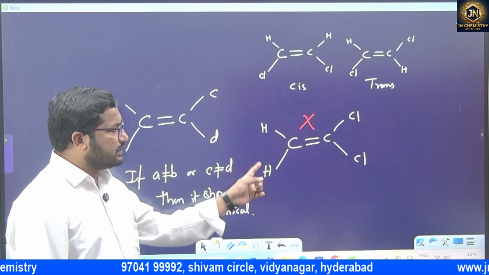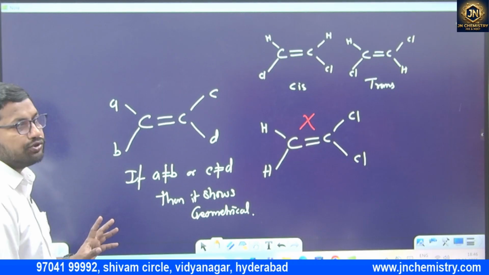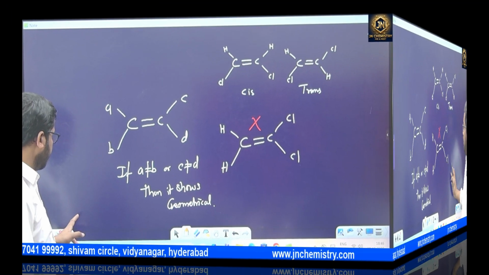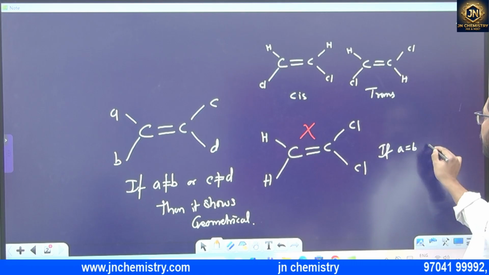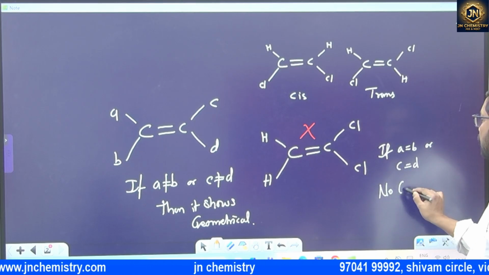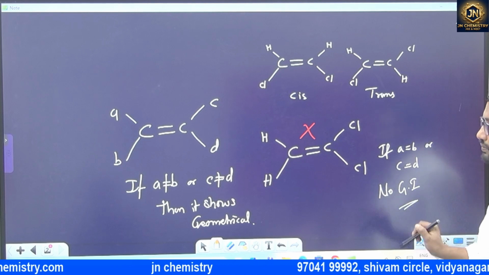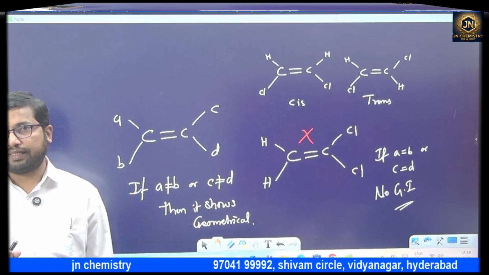In this case, what if A is equal to B, or C is equal to D? It won't show geometrical isomerism. Write that point also: if A is equal to B or C is equal to D, no geometrical isomerism.